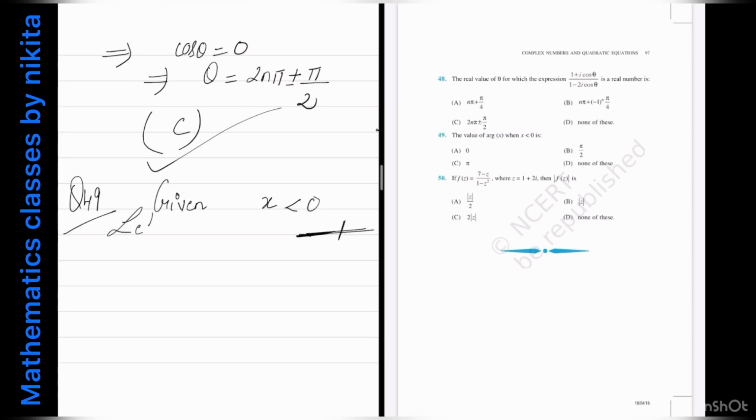So that means let z equal to x plus iota y, or maybe let z equal to x plus iota times 0, where x is less than 0. Now first of all, what is mod of z? Mod of z is equal to under the root x square. So this will be just x.